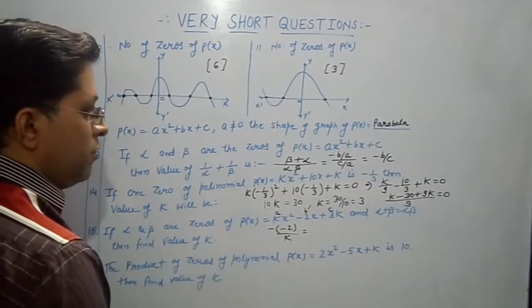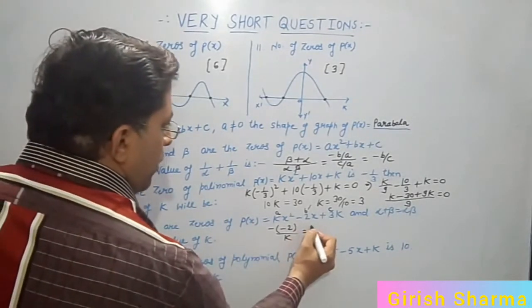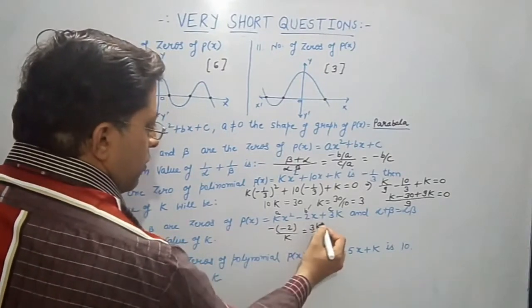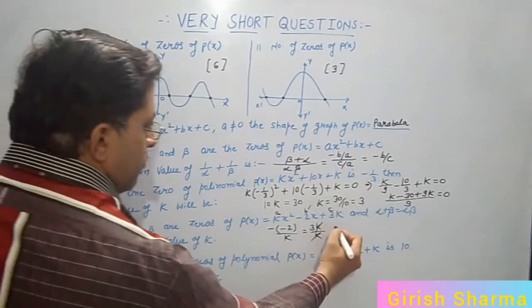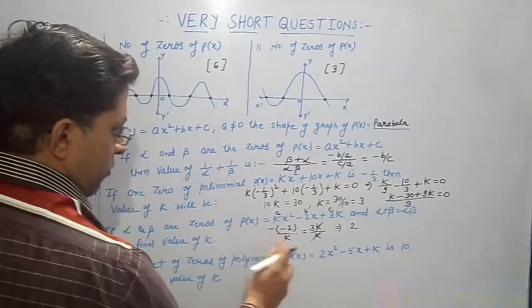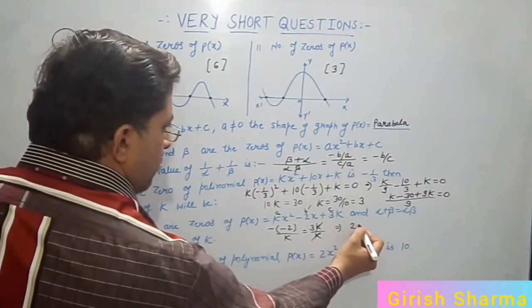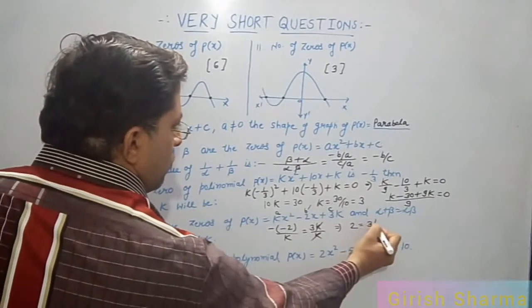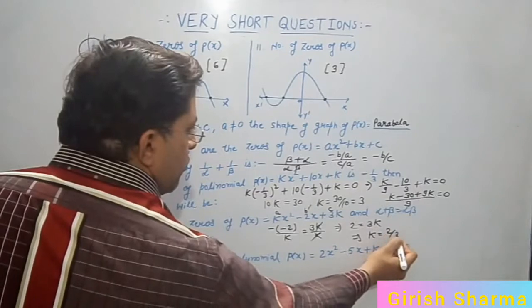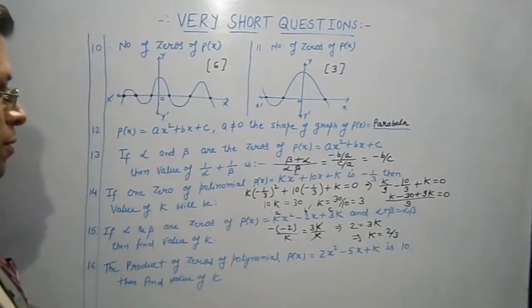And what is this? c upon a, 3k upon k. k to k cut. Okay, then what will come? Minus into minus plus, 2 is equal to 3k. What will be k? It is 2 upon 3.